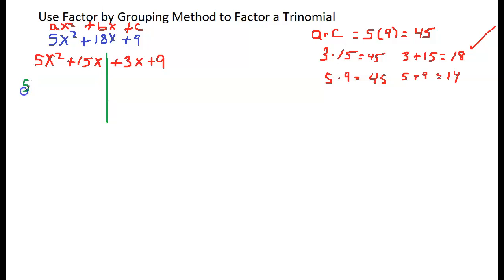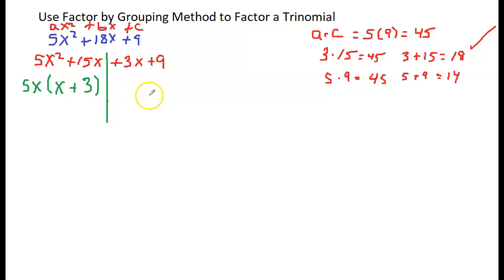Well, I can factor out a 5 and an x from both terms. And then parentheses, and what's left over? Well, take 5x squared, factor out a 5x, I'm left with just x. 15x, factor out a 5x, and I'm left with just 3. So I have 5x times x plus 3.